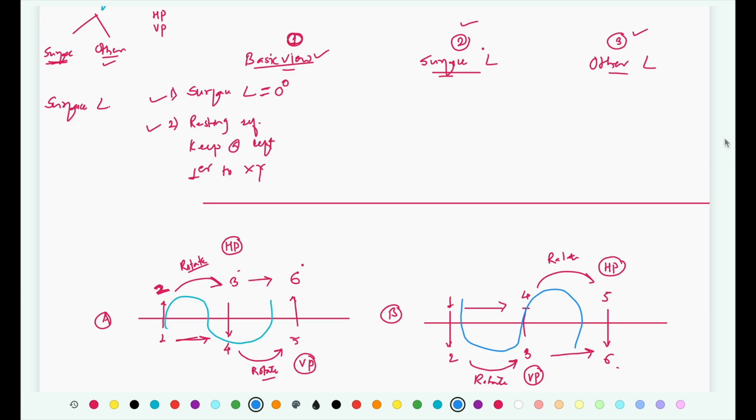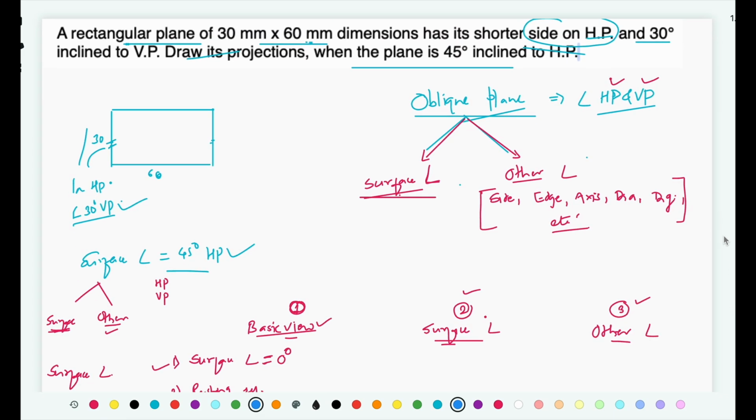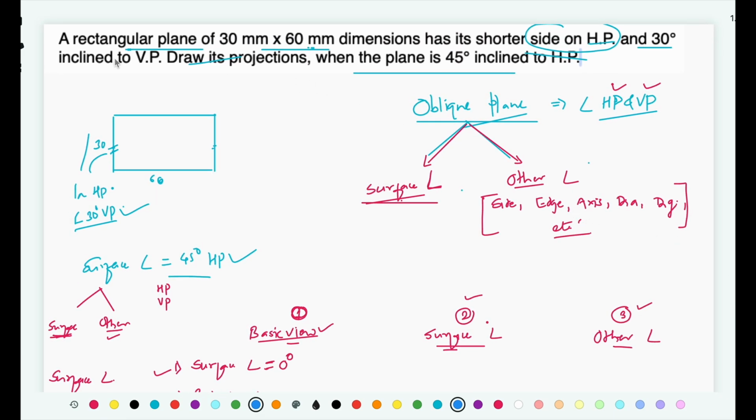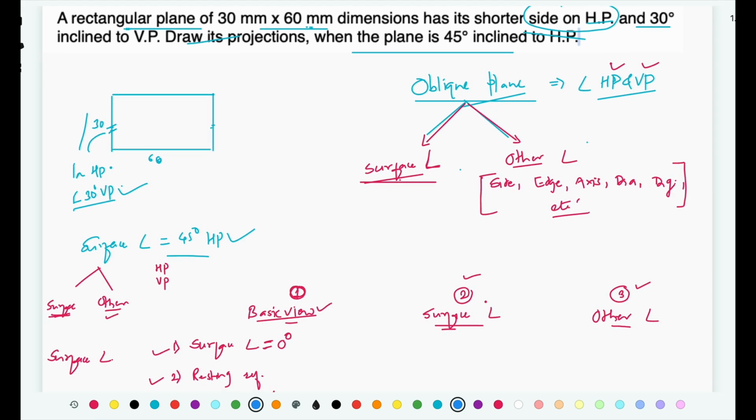Okay, now let's look at this question. A rectangular plane, 30 by 60 mm dimensions, shorter side is in HP. So here the shorter side is in HP.